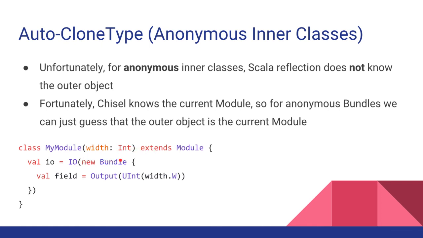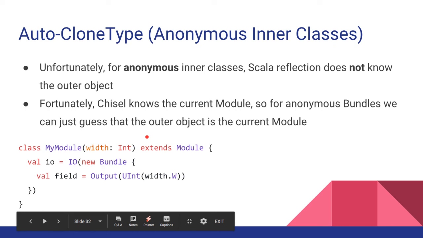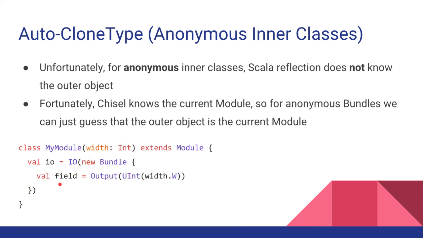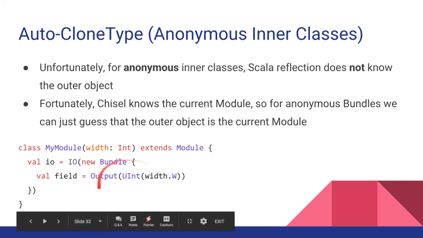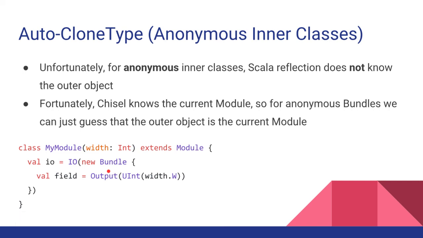So when I write new Bundle open curly brace, I have created a new class that has no name with a field in it called field, and there's only one instance of that class, and it gets constructed right here. But like I said earlier, this is a single object of an anonymous class, but we still need to be able to create new instances of that class.